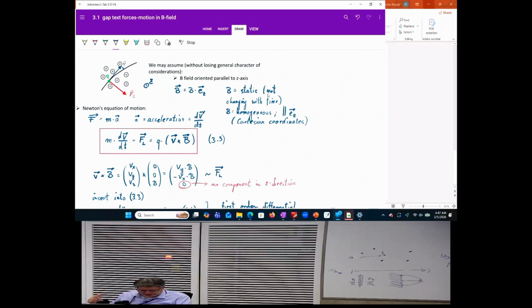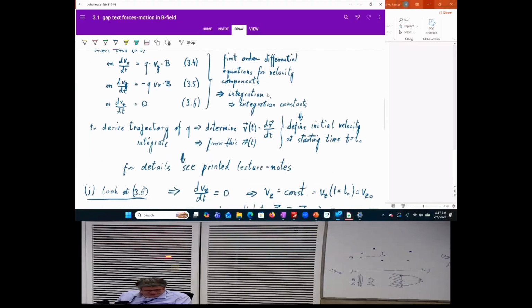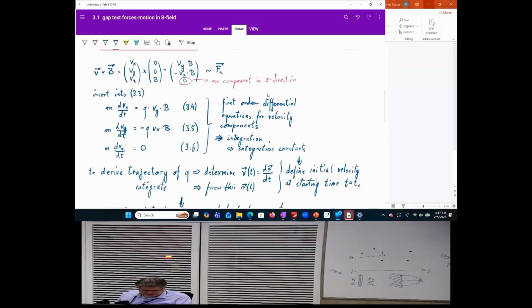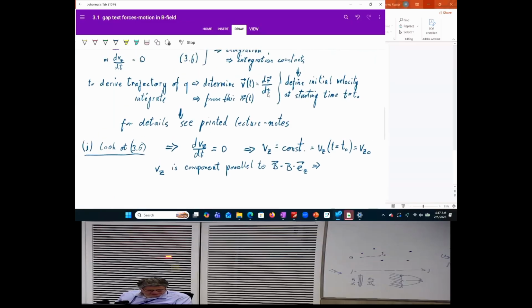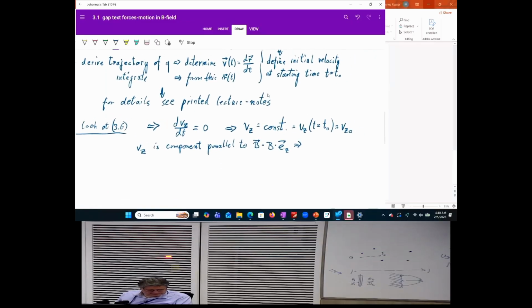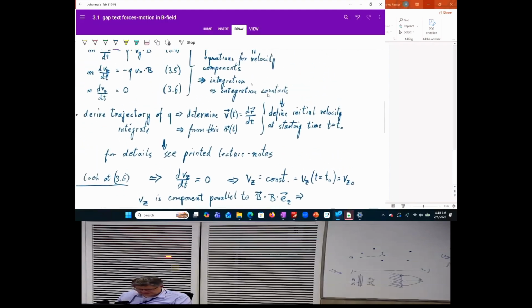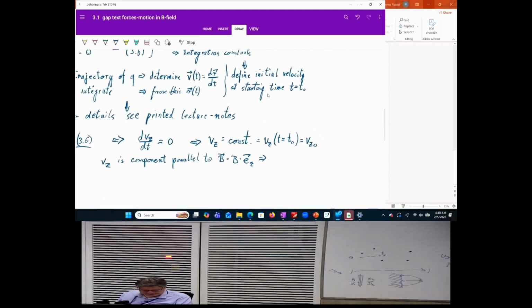If your thumb points in the direction of the velocity vector, and you look only at the z component, then you see the B field is also in the z direction, so the cross product of V and B is vanishing, and there is no force in z direction. So Vz is not affected. And that is also what you see here in equation 3.6.